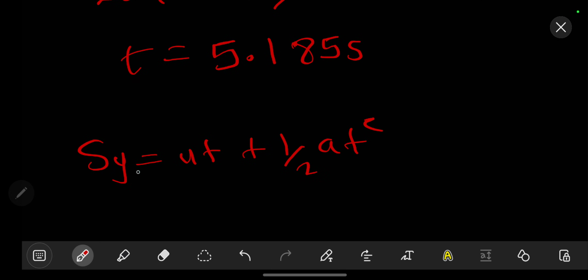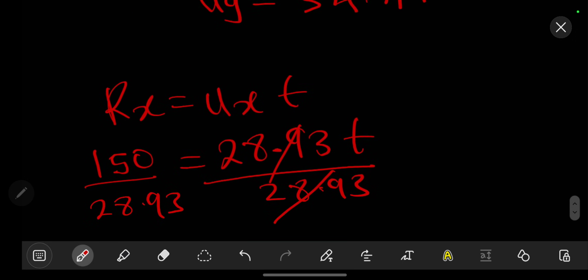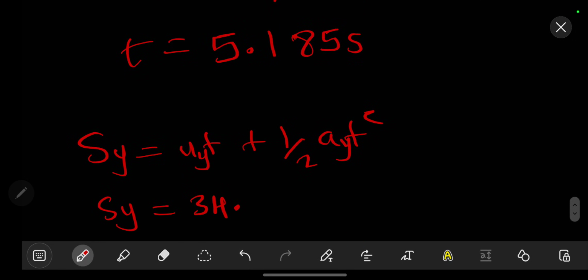To find height, we are going to apply the y on all parts. So our sy is equal to our uy, found to be 34.472. Then the gravity is negative, so it will be negative half, then we have our 9.8, then we have our time.